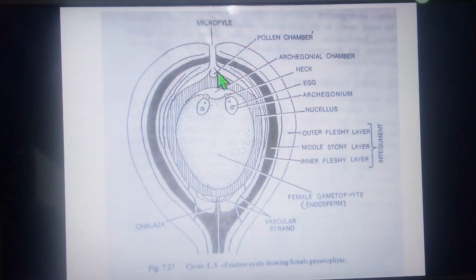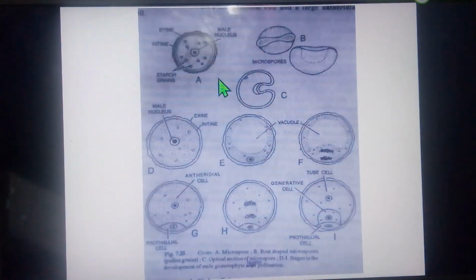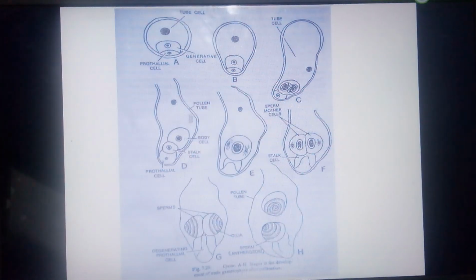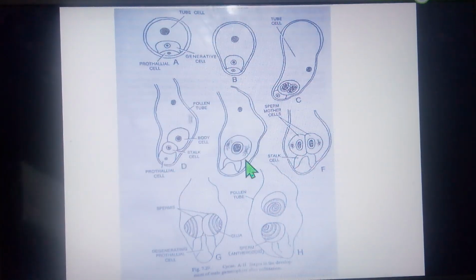So the pollen tube will grow downward through this nucellus, digesting and breaking down the tissues of the floor of the pollen chamber, and it serves as a nutritive haustorium. So the pollen tube here functions as a nutritive haustorium.